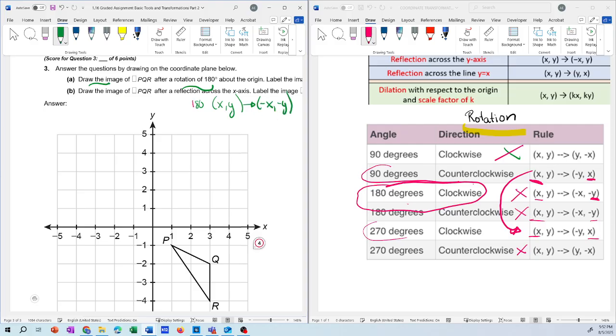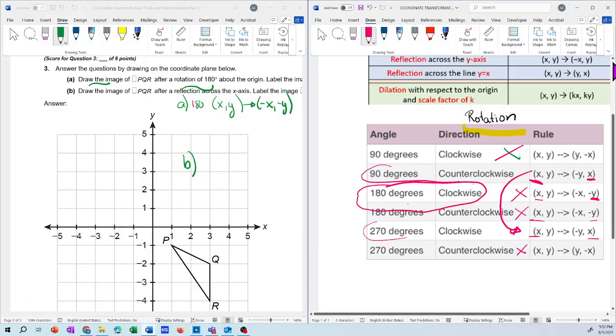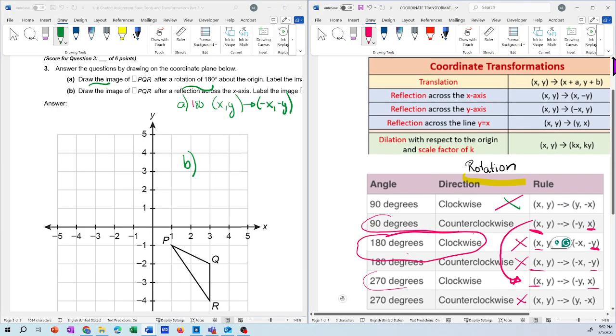Okay? And then this is for letter A. Okay, and for letter B, reflection across the x-axis. So you're going to use a reflection. You're going to go to the top, reflection across the x.